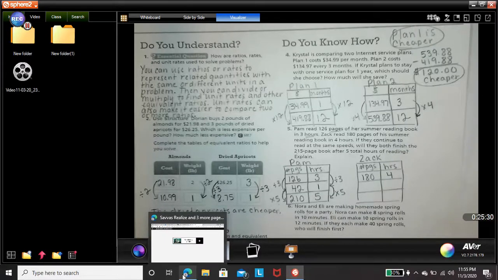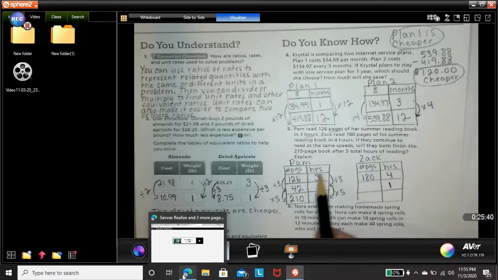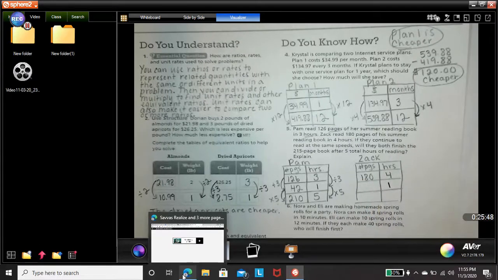So what you're going to do is determine the unit rate for Zach. We want to get to a 1. Go ahead and see what we did over here for Pam, and then do the same method for Zach.